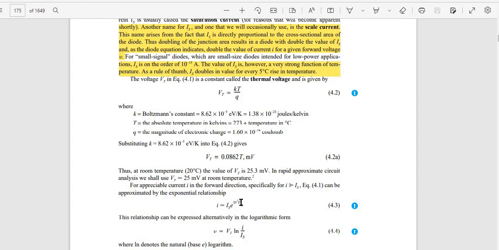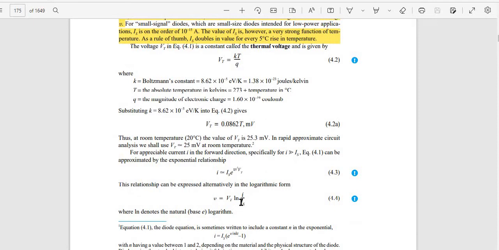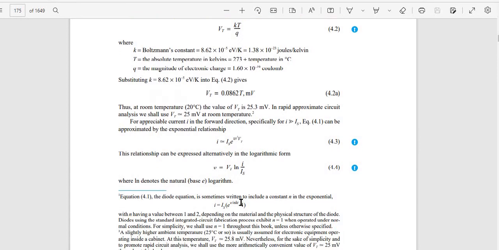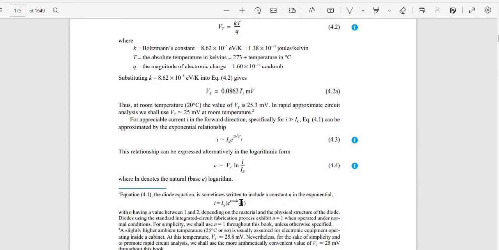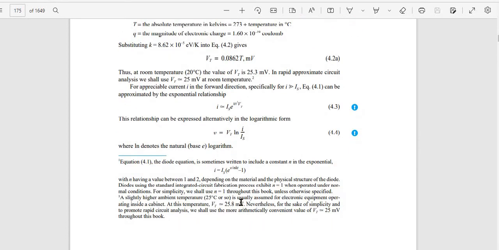For appreciable current I in the forward direction, specifically for I much greater than Is, the relationship can be approximated by an exponential: I approximately Is e to the power V over Vt. This relationship can be expressed alternatively in logarithmic form: V = Vt ln(I over Is), where ln denotes the natural base e logarithm.